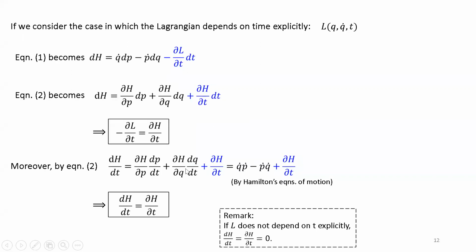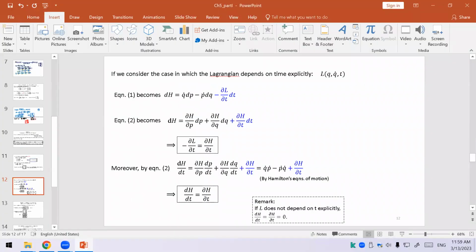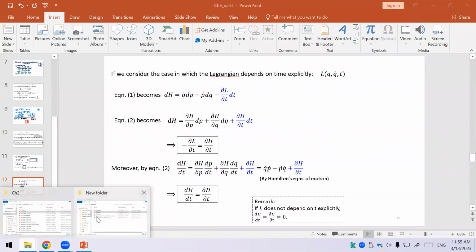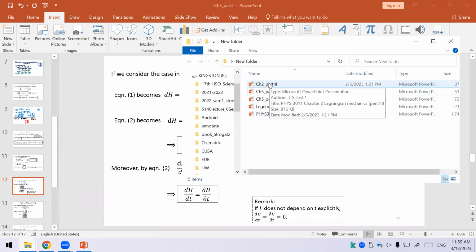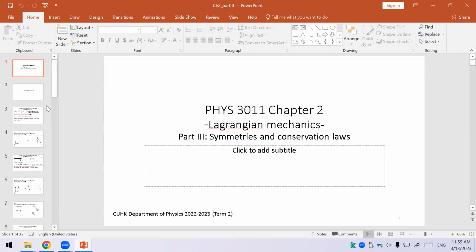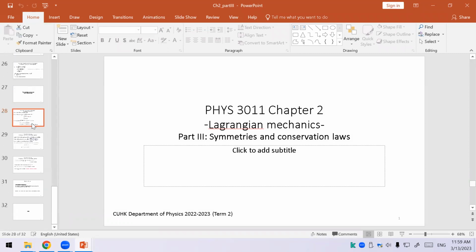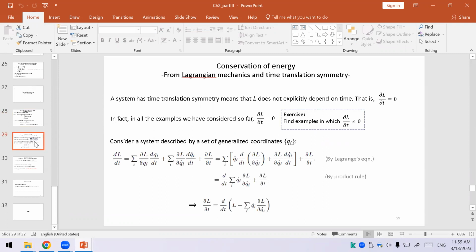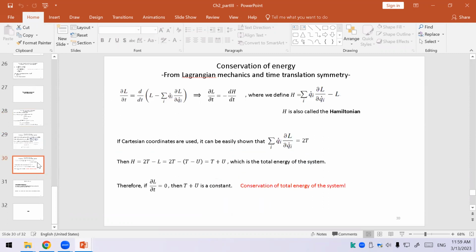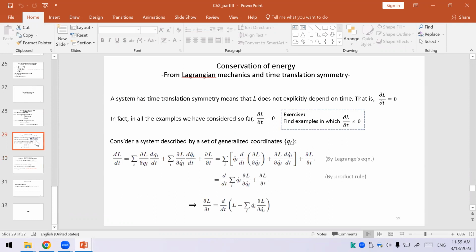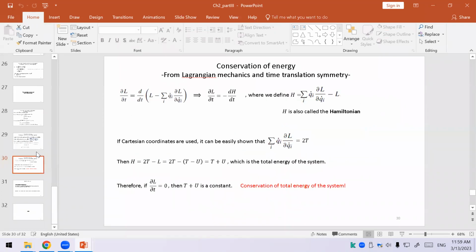So one thing I want to remind you is that in chapter 2, part 3, when I was talking about the conservation law, the last case I was talking about is the conservation of energy. I was showing you that the time translational symmetry will give us conservation of energy.